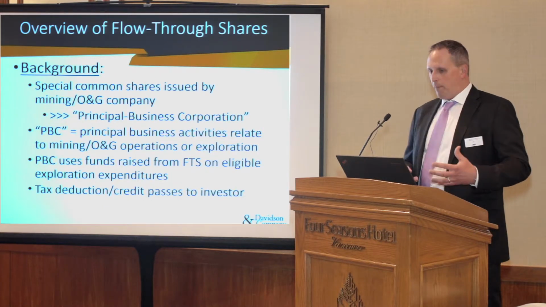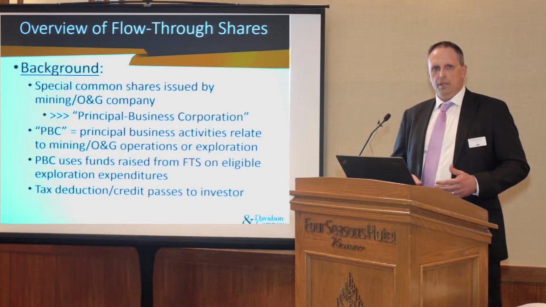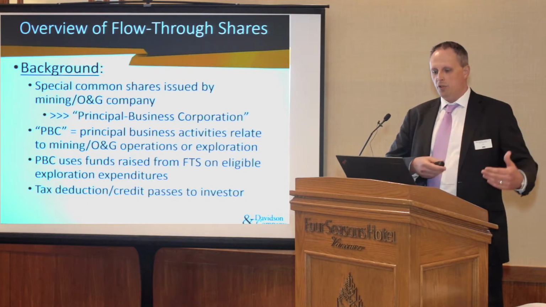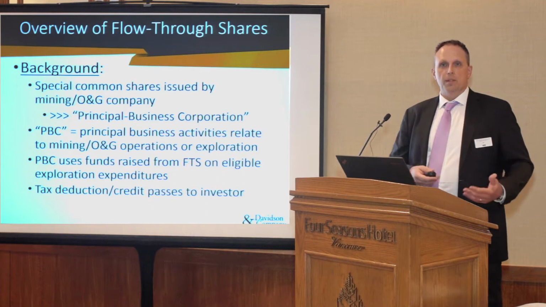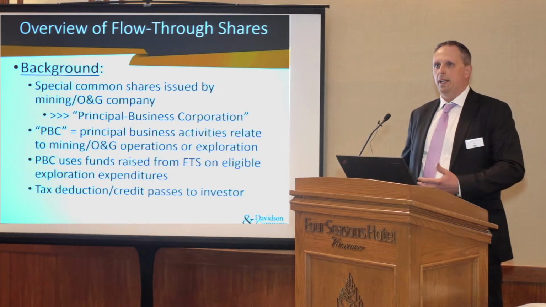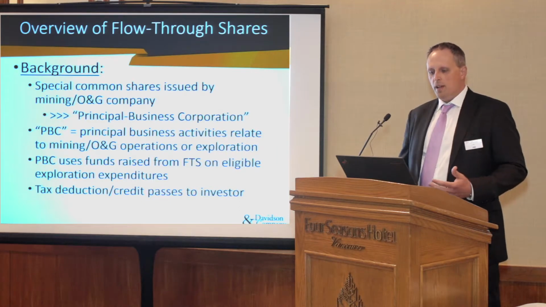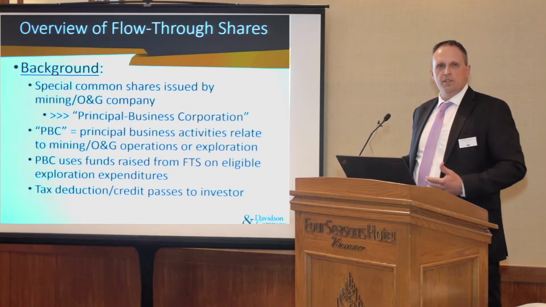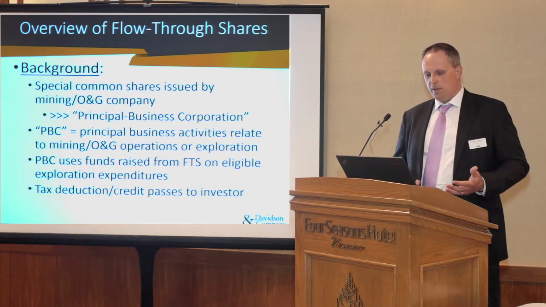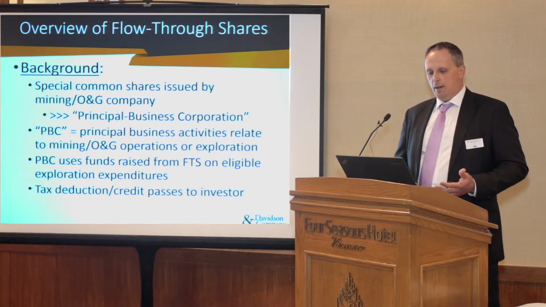So just a brief background on it. They're basically just special common shares that are issued by what I had mentioned earlier, a principal business corp. Primarily, their business is mining. That's the industry. So if you're not a principal business corp, you would not be eligible to actually issue flow-through shares. So that's the first test that would have to be met.